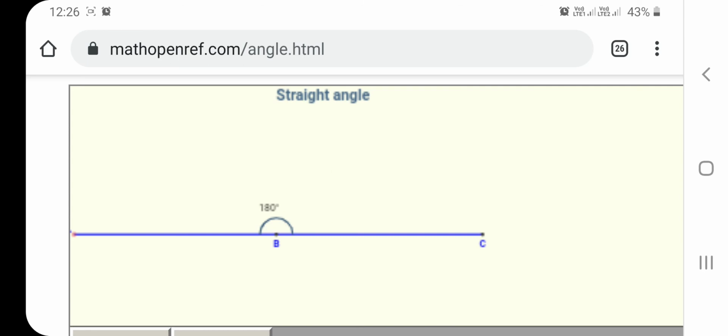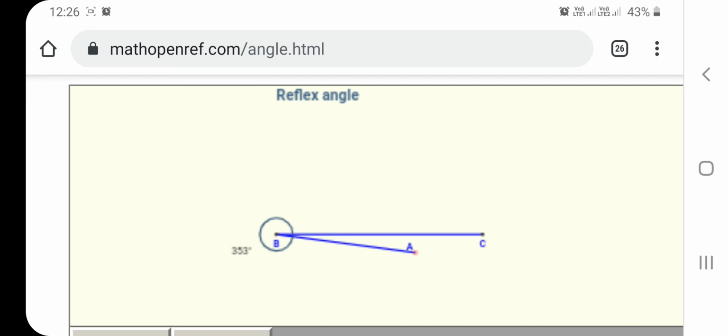If I drag it as shown in the figure, more than 180 degree, say 190 degree, then its name is reflex angle. A whole angle which is more than 180 degree and less than 360 degree is called a reflex angle.